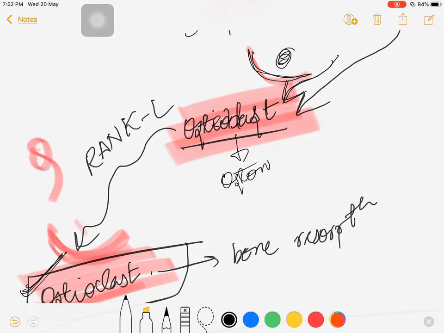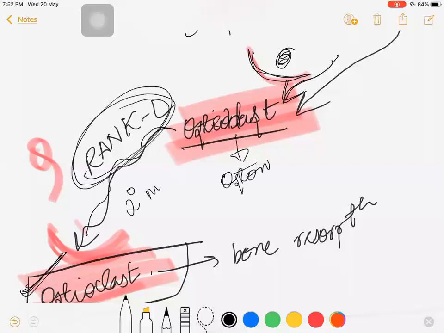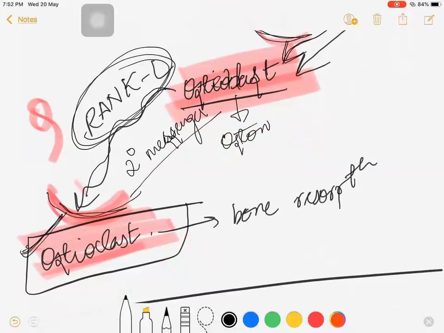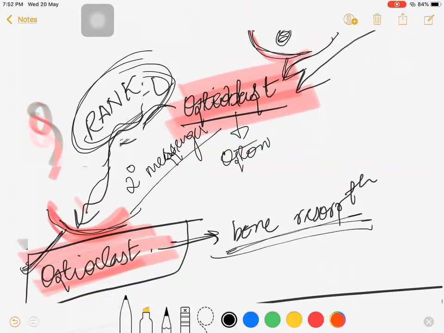So it says, fine, I'll help you with something: I'll produce RANK ligand, which acts as the secondary messenger. RANK ligand goes and acts on the osteoclast, and osteoclast activity will increase, so bone resorption will increase. So this is the mechanism.